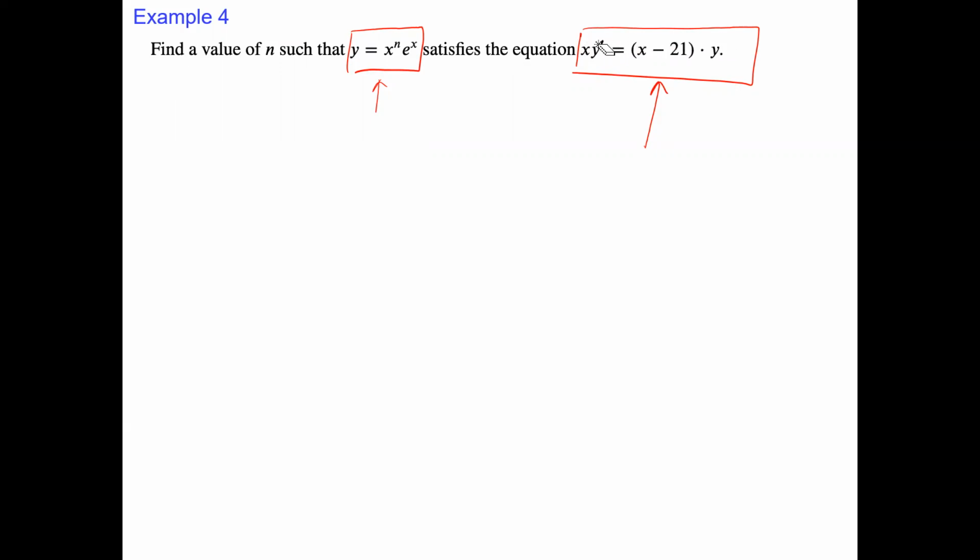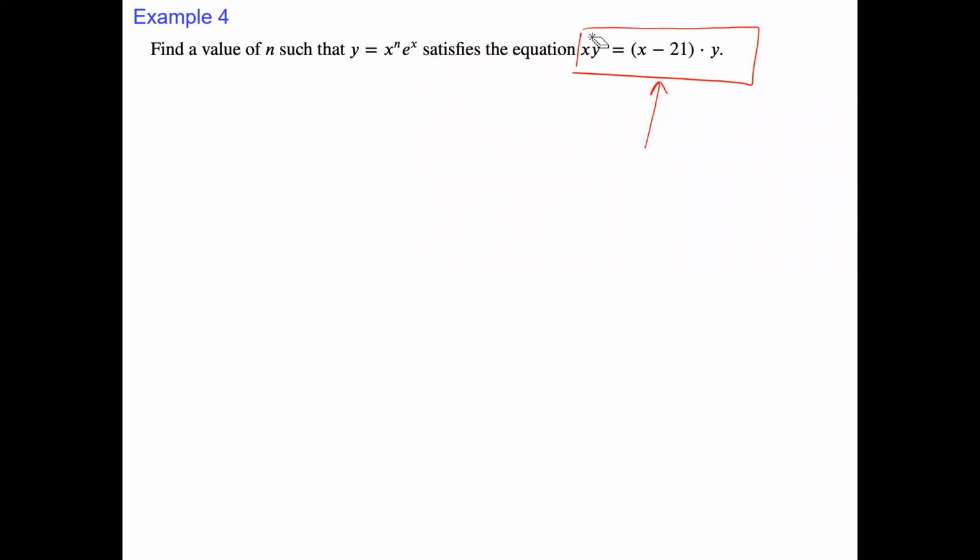Okay, so this type of equation, we call a differential equation. An equation that involves an unknown function and its derivatives. And since the derivative is the first derivative, we call it a first order differential equation, because we have the first derivative.